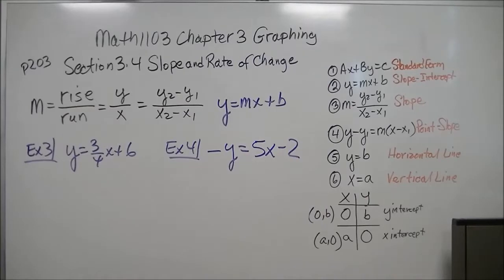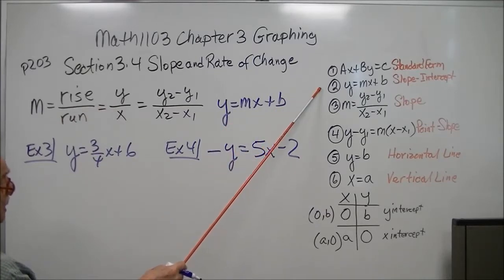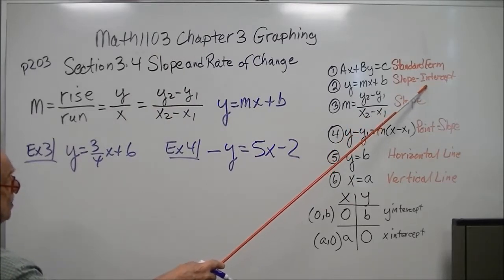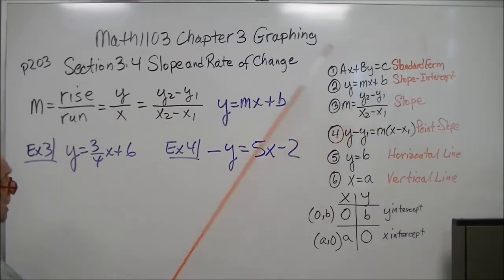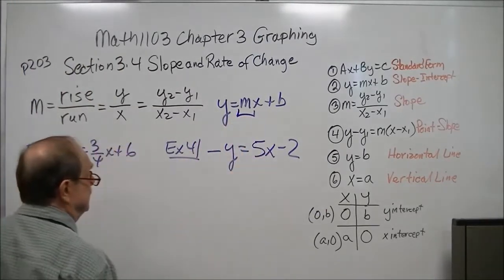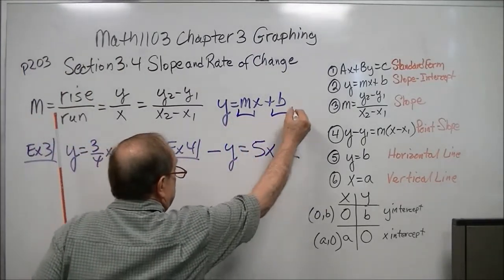Now, in example 3, they want us to look at this special formula, which we've already identified as slope-intercept formula. Why? Because this is the slope and this is our y-intercept.